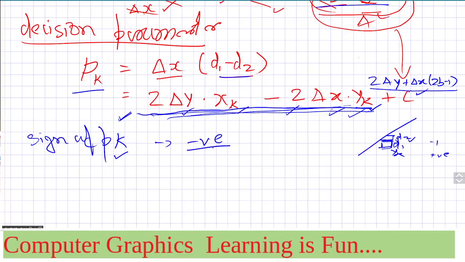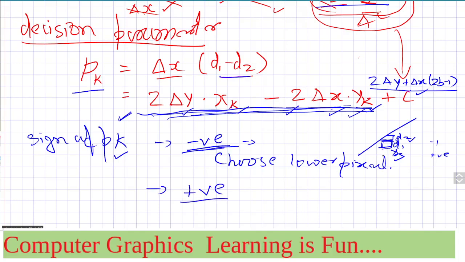In this case, what we choose is yk, the lower pixel. At the same time, if we are getting a positive sign, positive means we are subtracting d1 minus d2, so d1 was larger. d1 was larger means it is distant from the actual y, and yk plus 1 is nearer.